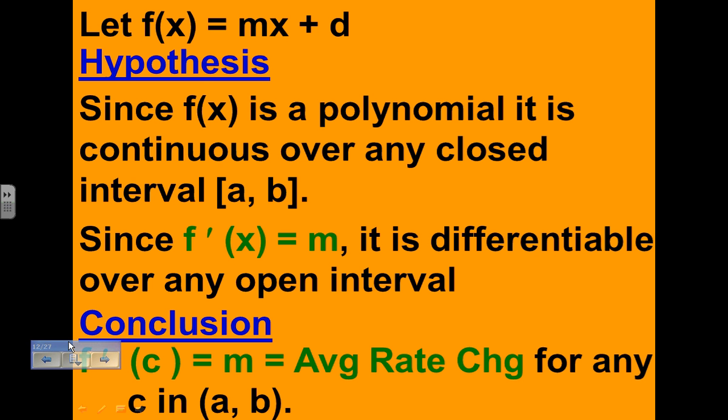And since you know that equals the average rate of change by definition, you're done. Kind of like geometry. It's been a while since you've done geometric proofs. Or, if you go back to last year, you did the trig identities, steps. And each step had a statement that you strung together to make a proof. Okay?